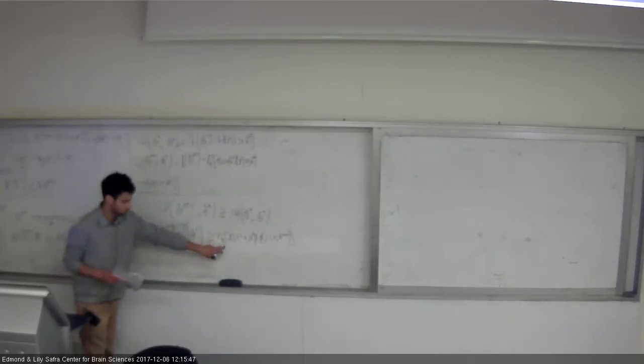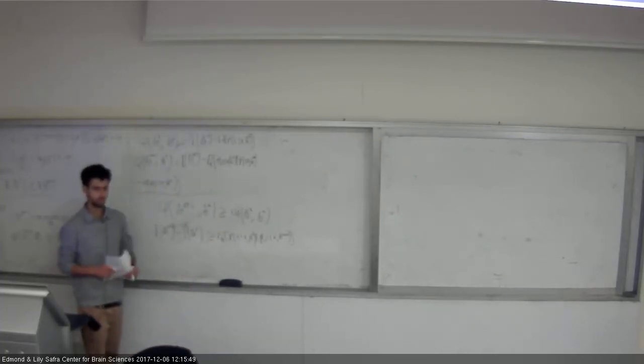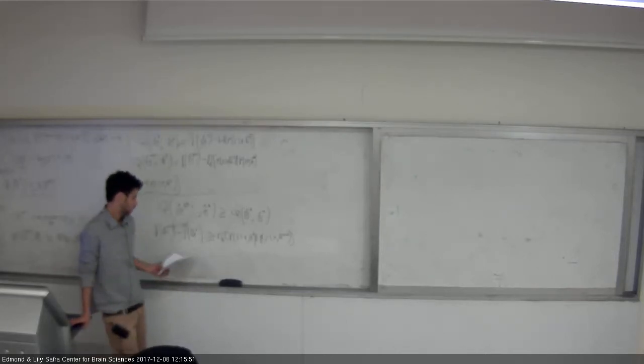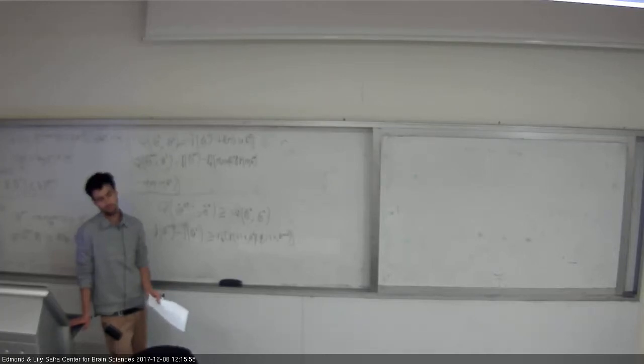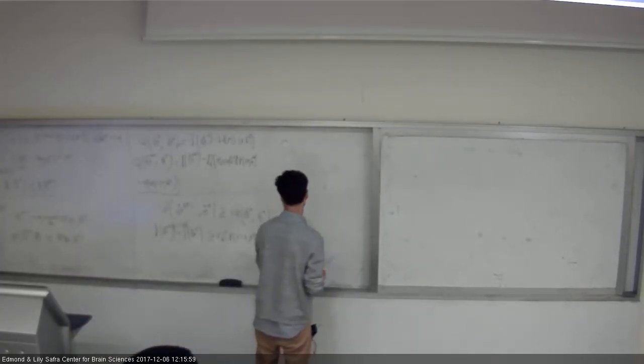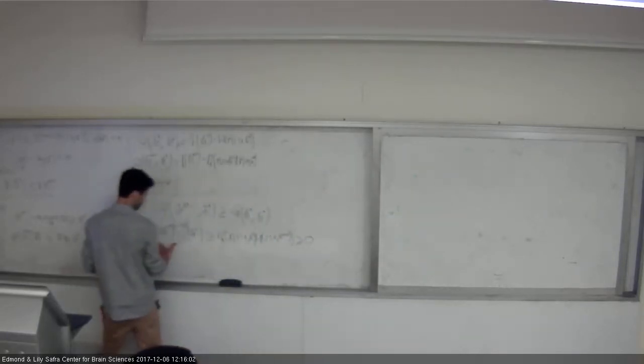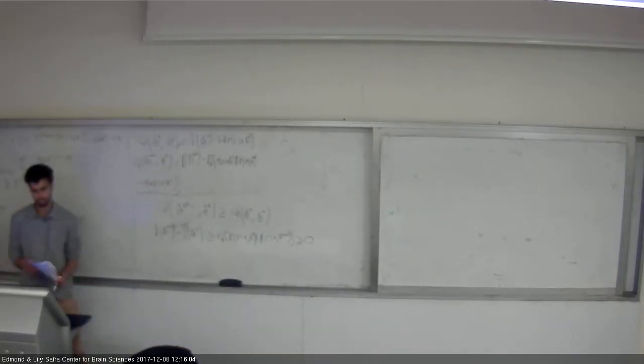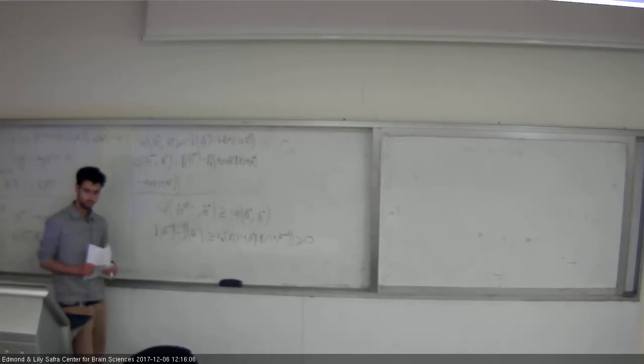Because this is a positive term, bigger than 0, we can only improve the likelihood function at each iteration. Okay?